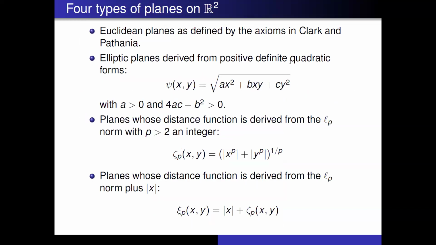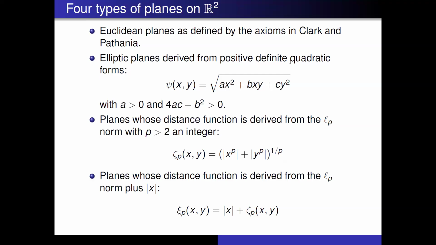Okay. So let's look at four types of planes. We can look at the planes that are defined by the axioms, or we can look at elliptic planes. So planes where instead of just x squared plus y squared under the square root sign, you have a positive definite quadratic form, ax squared plus bxy plus cy squared.